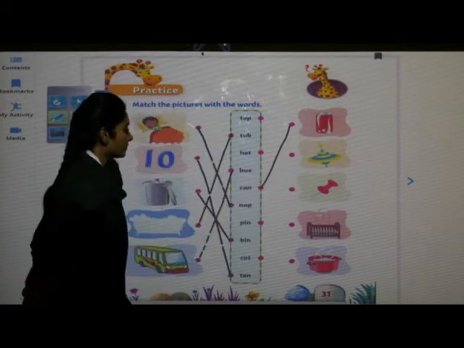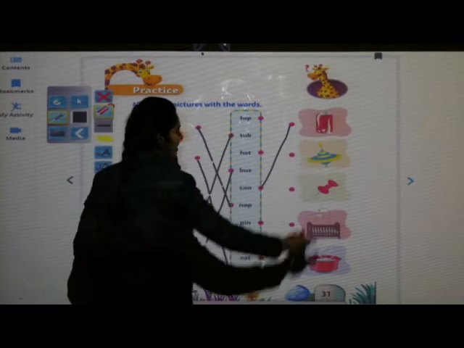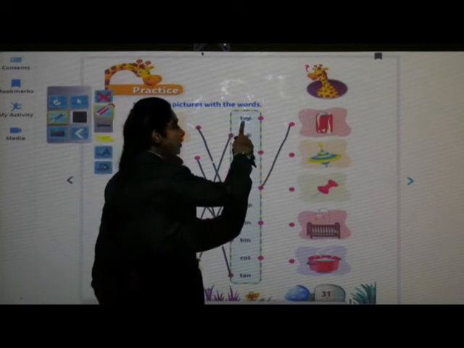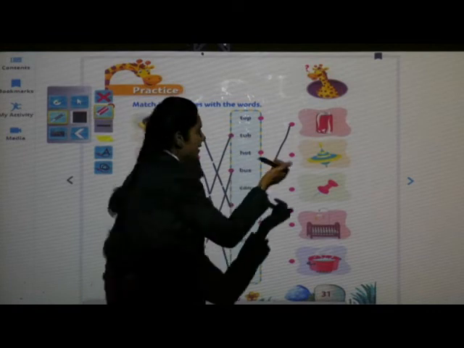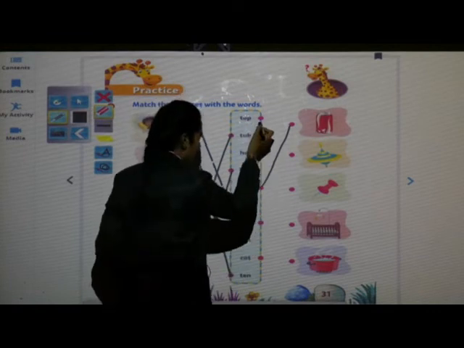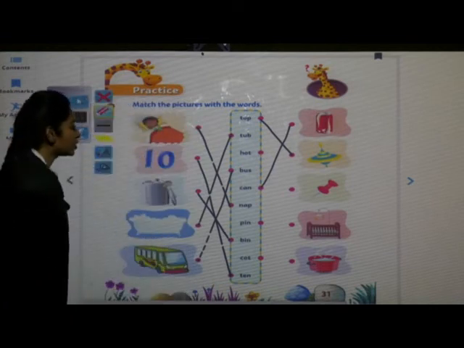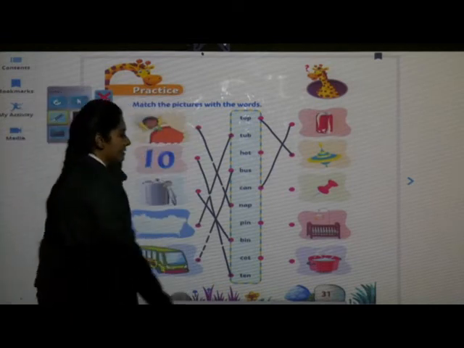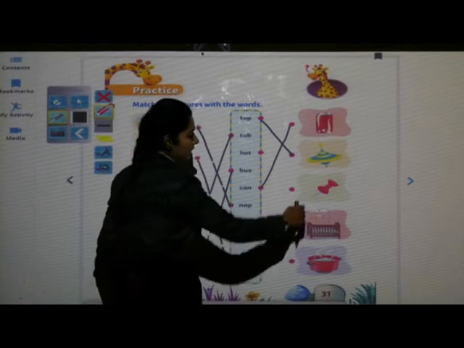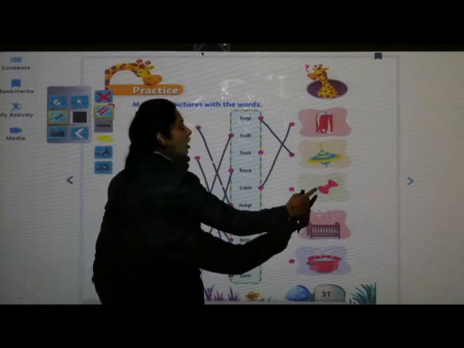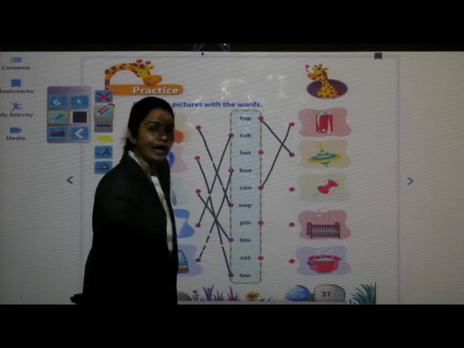Okay. Now next picture. Which picture is this? Top. So we'll find the spelling. T-O-P top. See. So say and write T-O-P top. Join it. Next. Which picture is this? Yes. Is this a nib? Is this a pen or pin? Pin.